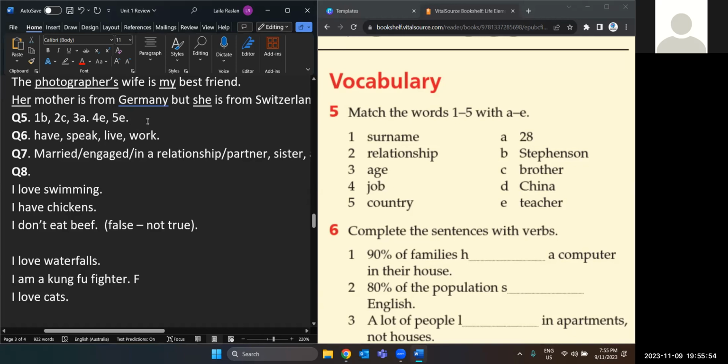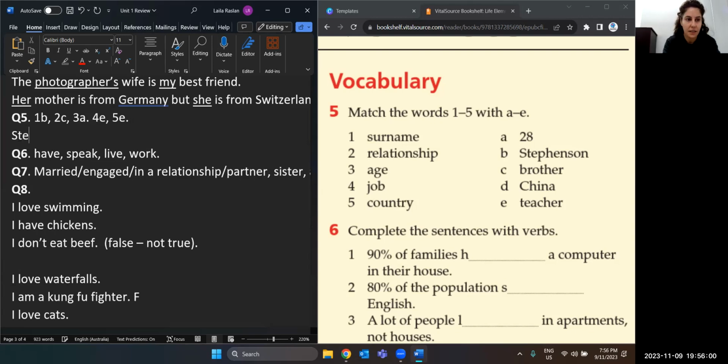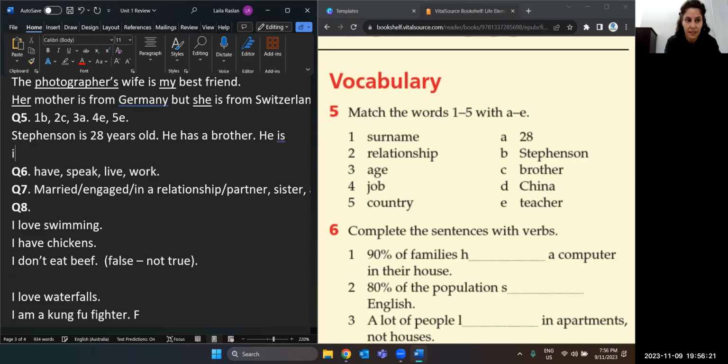So we can make a sentence with that. We can say, Stevenson, we don't have his first name, but that's fine. Stevenson is 28 years old. He has a brother. He is a teacher in China.